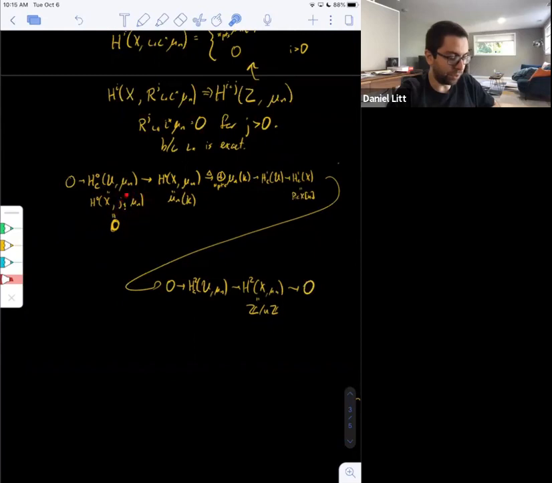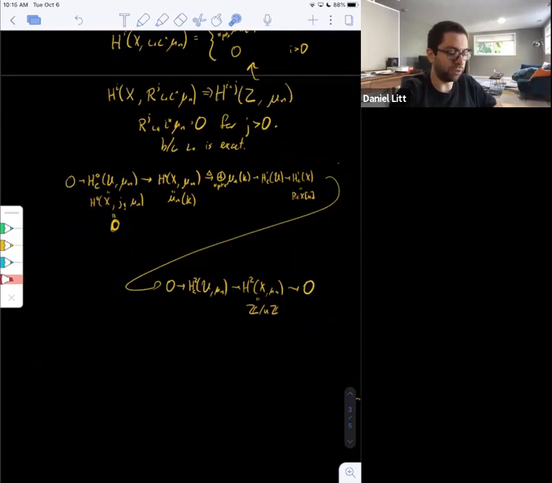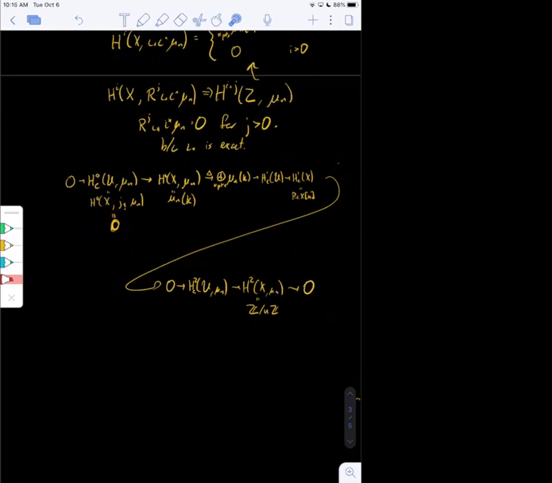We've extended mu n by 0 to X, and then we're evaluating on X. And the definition, if you remember, at least of the presheaf, there's a little issue with sheafification that you have to think about, which is the definition was that if you evaluate on an open not contained in U, and X is not contained in U, then you just get 0. Oh, okay, cool. Yeah, that's a good question.